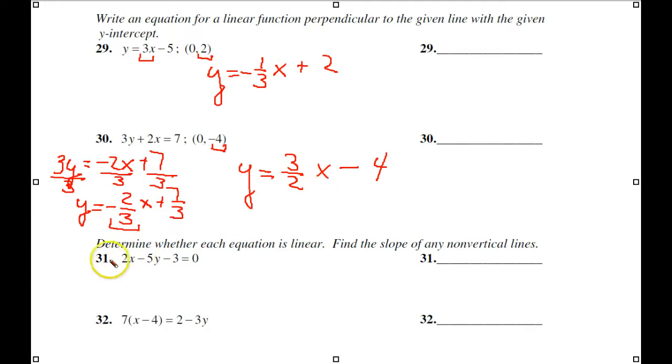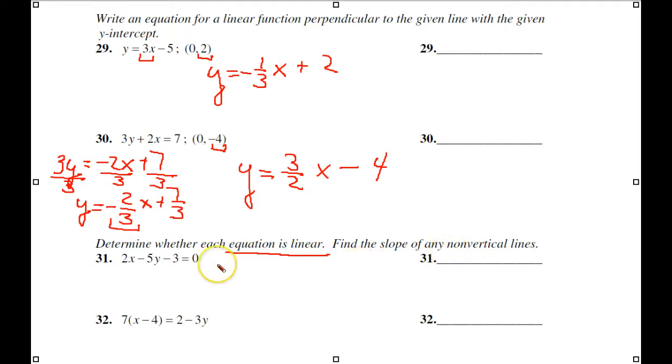Now, let's take a look at 31 and 32. We want to determine if these equations are linear, and we want to find the slope of any non-vertical line.